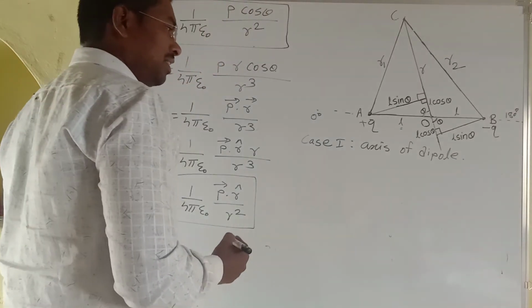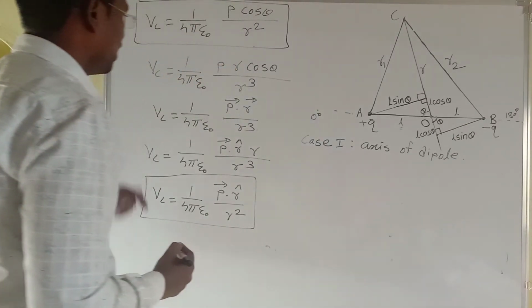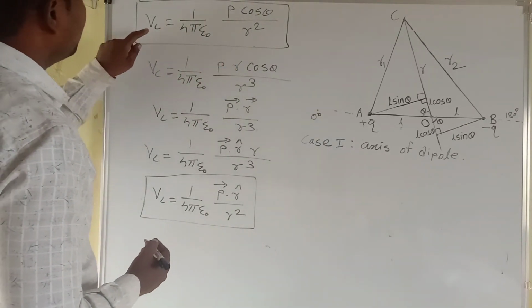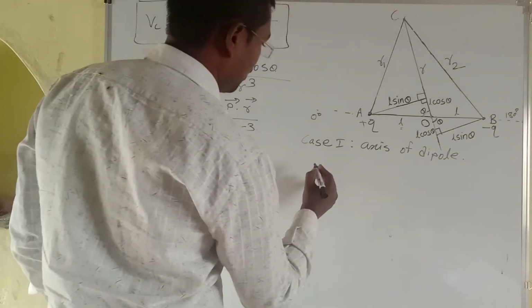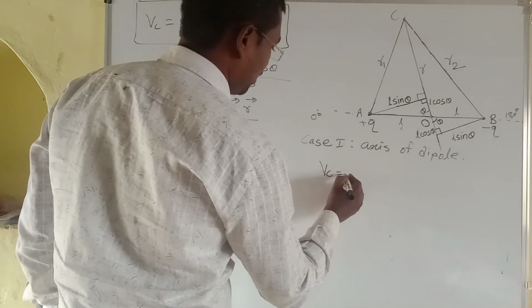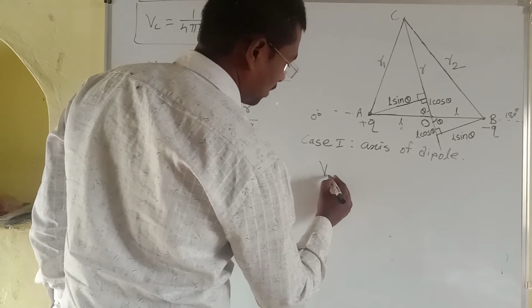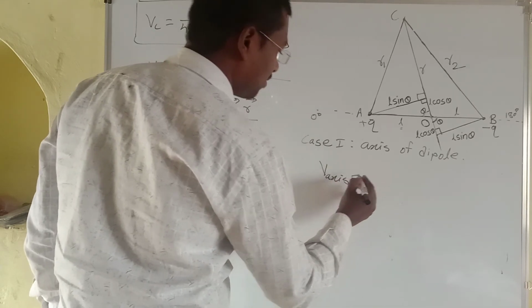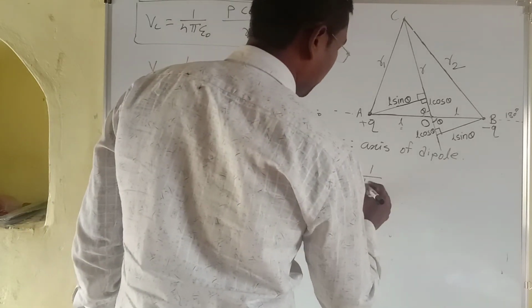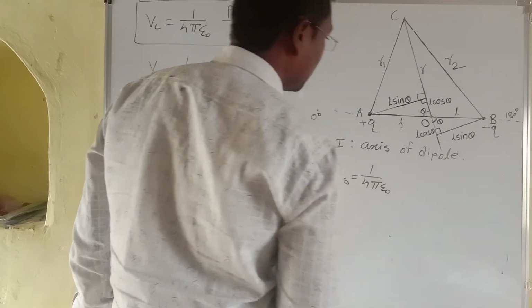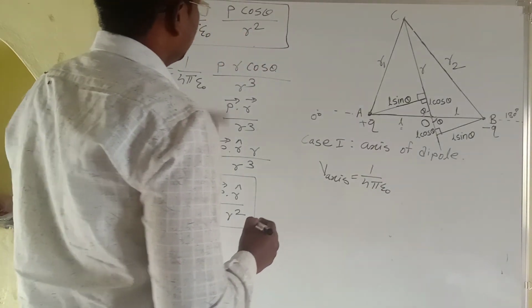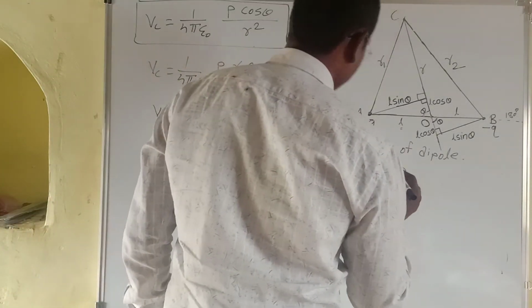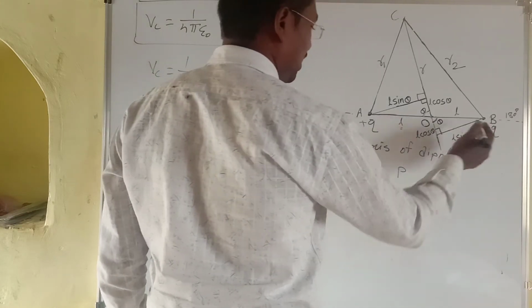In that case, V along the axis is equal to 1 upon 4πε₀, and this term P into cos θ.